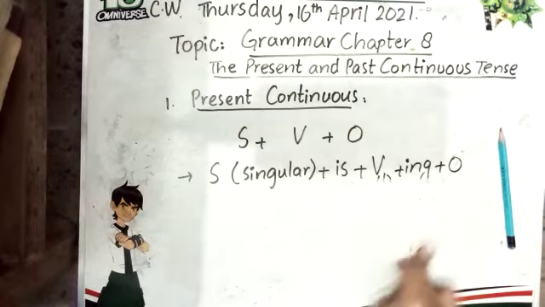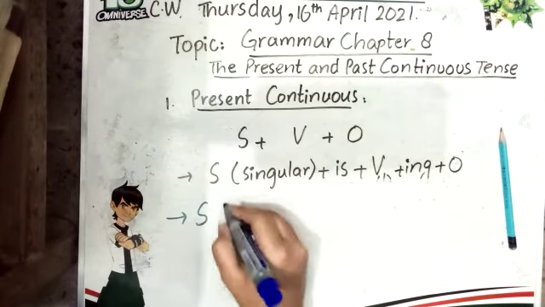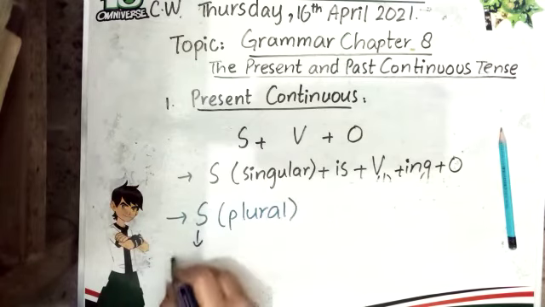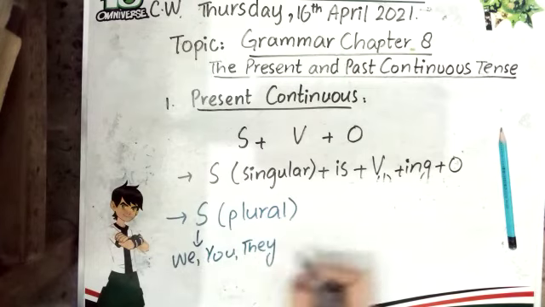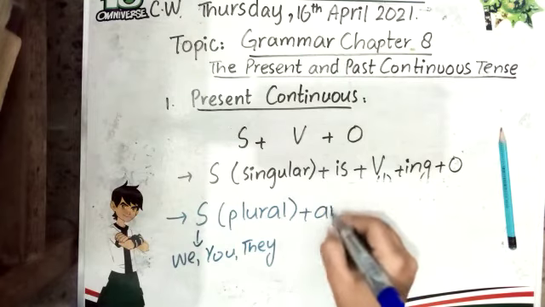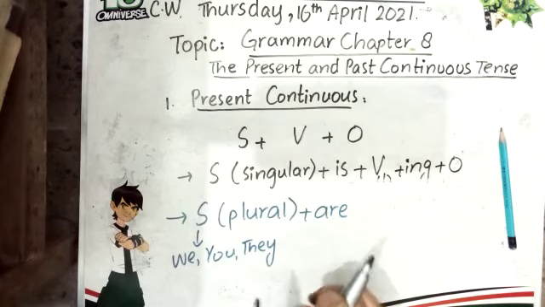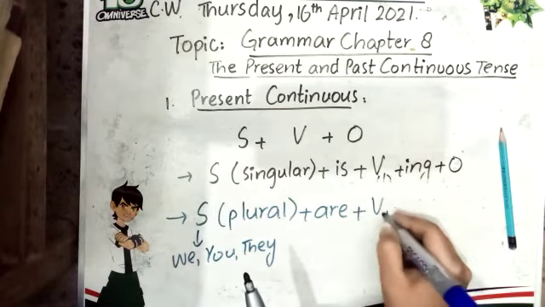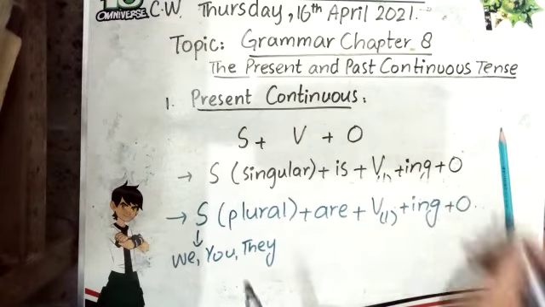The second type in which we have to use are as our helping verb is when our subject comes in the plural form, and it would be like we, you, they. Then you have to use are with it because there is more than one person in the subject, so that's why we use are as an auxiliary or helping verb. Verb will come in the first form along with ing, and object.